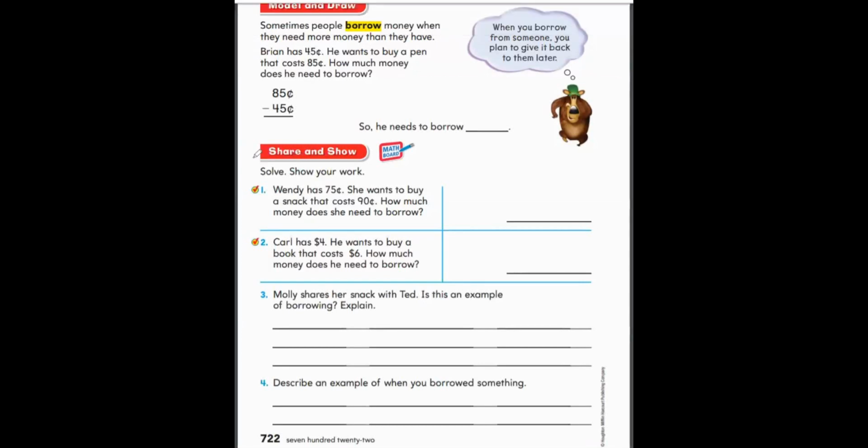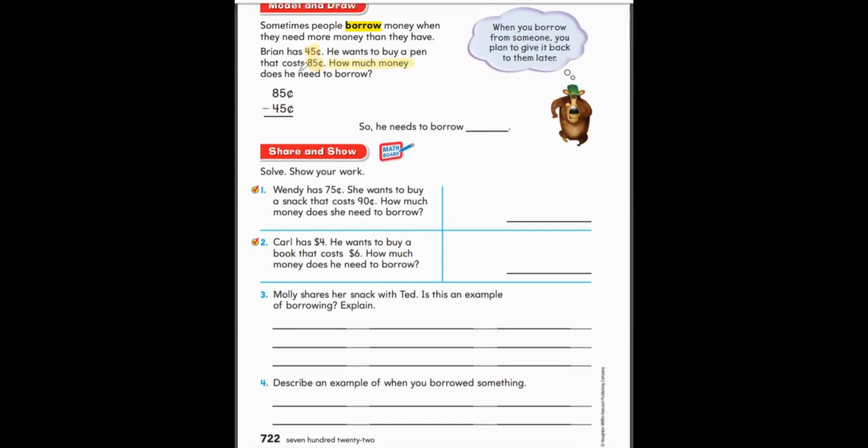Dice aquí, Brian has $45, circle the numbers. He wants to buy a pen that costs 85 cents. Okay, so we now know that he has 45 cents and he needs 85 cents. Now, underline the question.